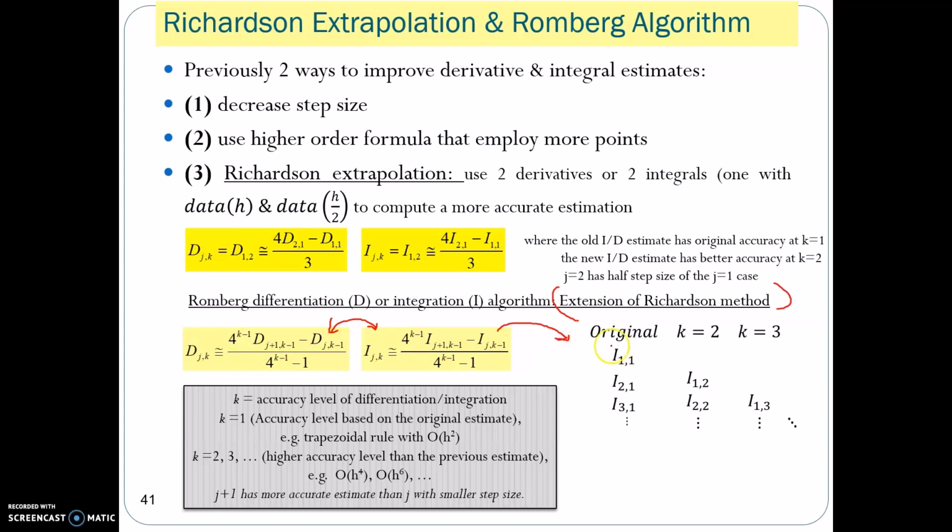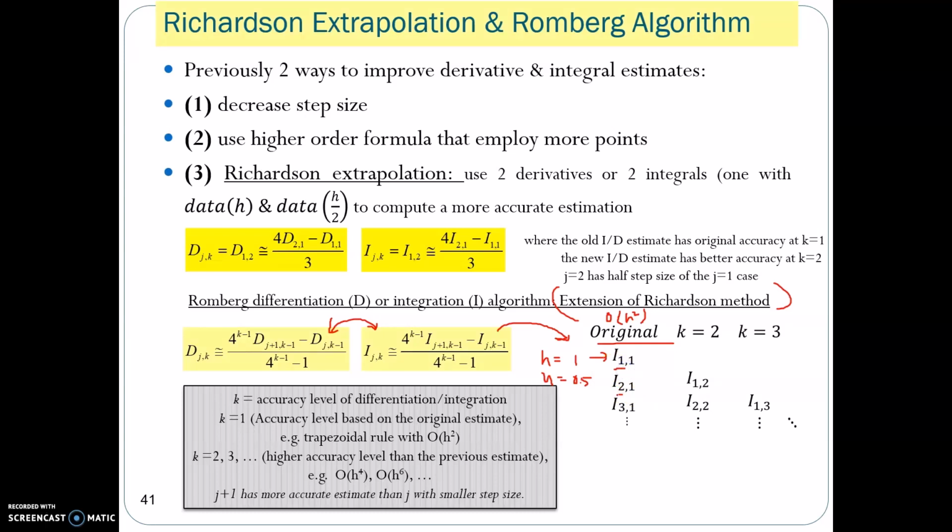Let's say in this case the original implementation uses the trapezoidal rule, where we know this method is O(h^2). You find the solution by using h equal to 1, then you obtain the integration result I11. Then you continue to perform the integration by using h equal to half of it, and you obtain I21.